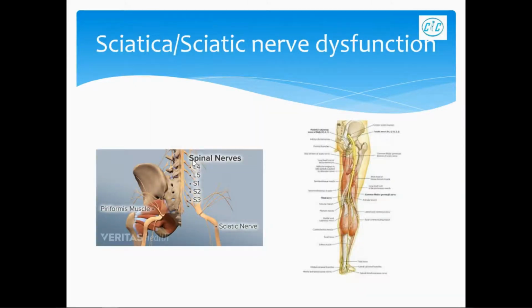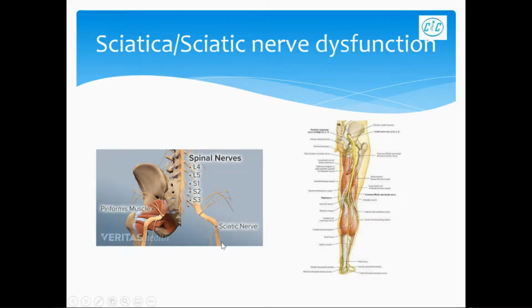This picture shows the sciatic nerve. Here's the sciatic nerve right here. The sciatic nerve is different from spinal nerves. A combination of spinal nerves will come and make up the sciatic nerve in this case.